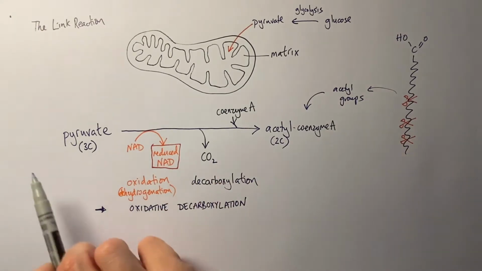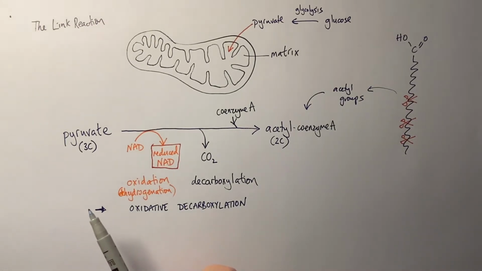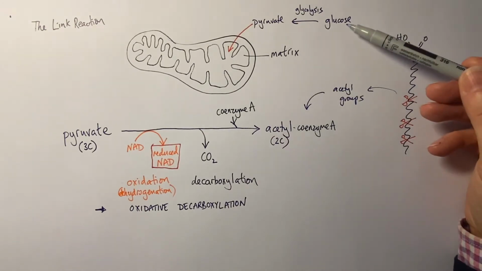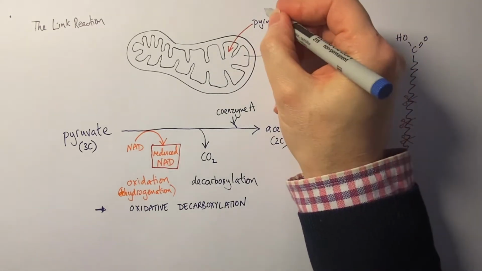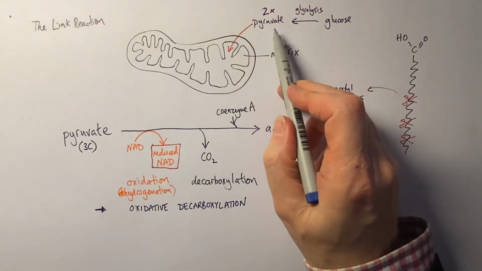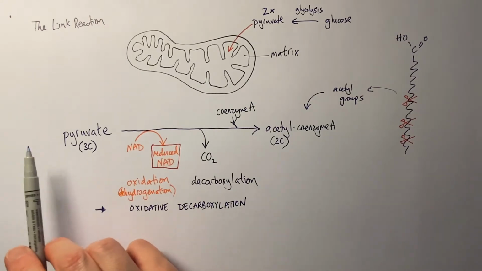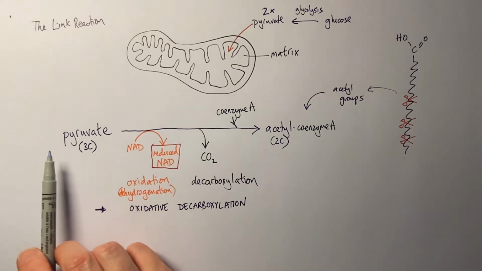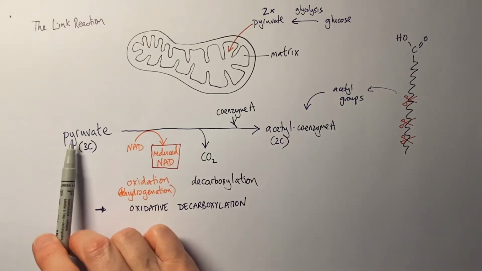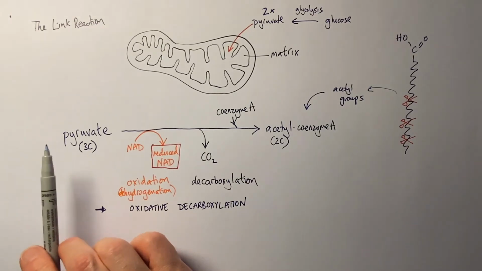So finally, let's go back to this process and remember that in glycolysis, one molecule of glucose actually produced 2 molecules of pyruvate, which means for every glucose or hexose molecule that enters glycolysis, the link reaction is going to occur twice, because you get 2 pyruvate molecules produced from one glucose molecule.